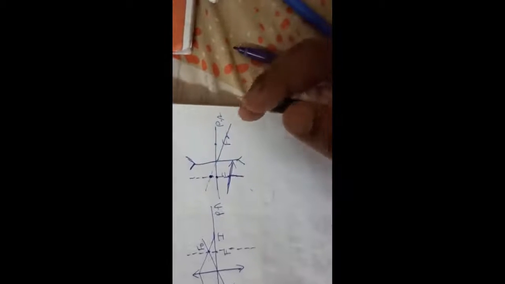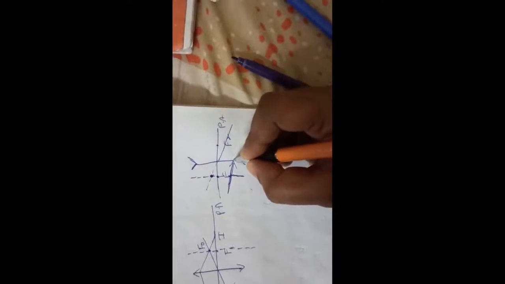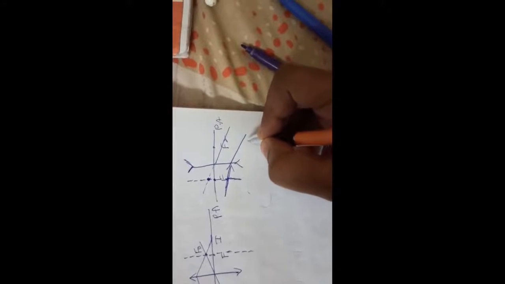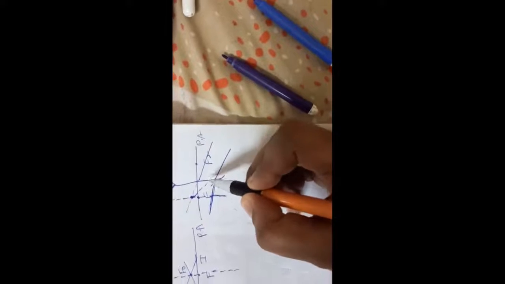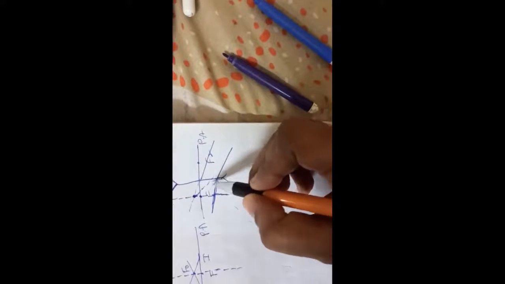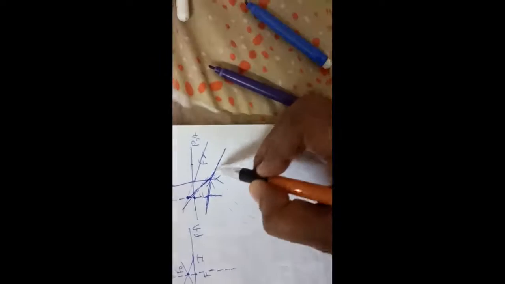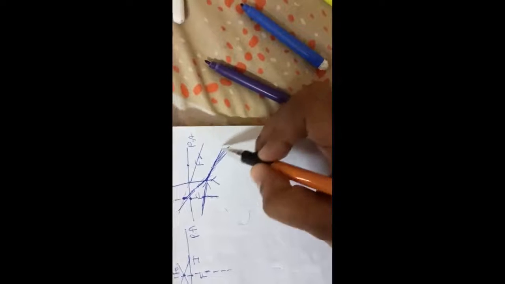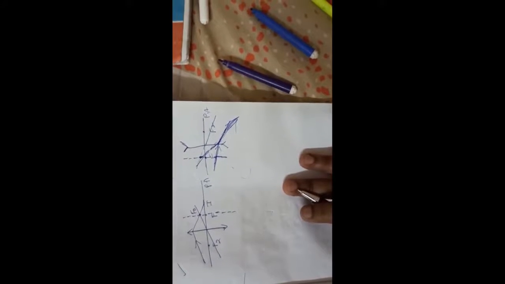I think you got this, children. And the ray which is emergent from this point, we can draw a line joining with this. So this is the refracted path.